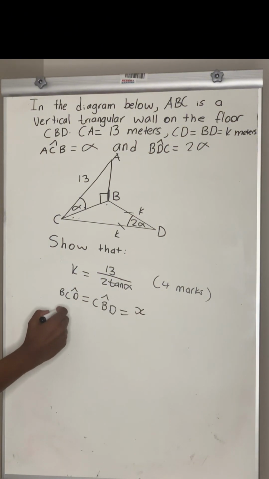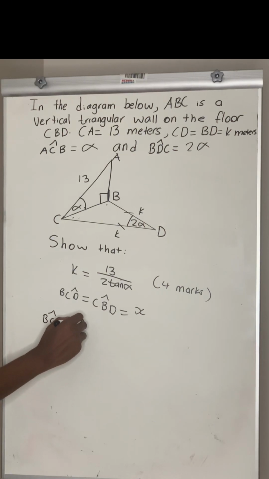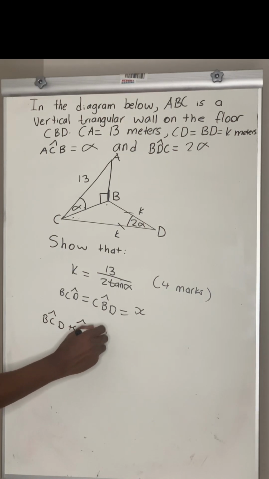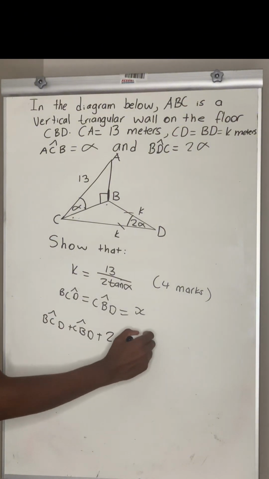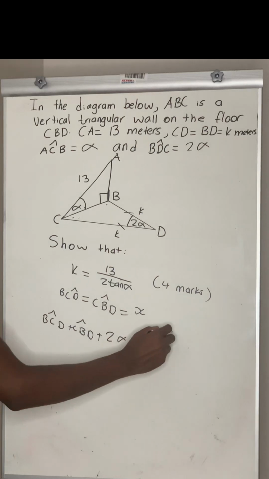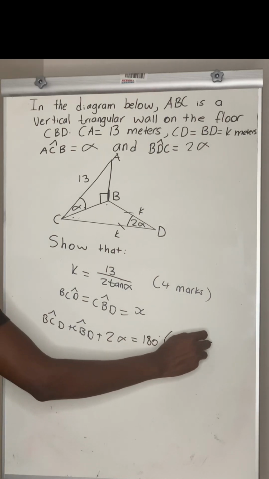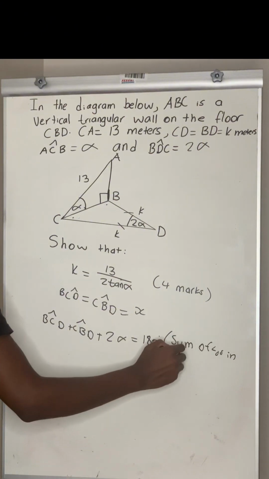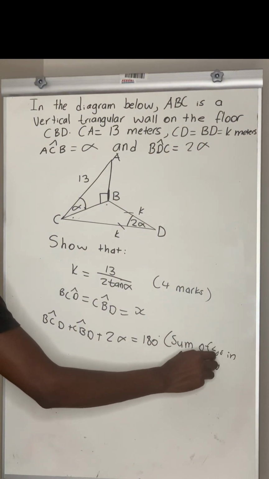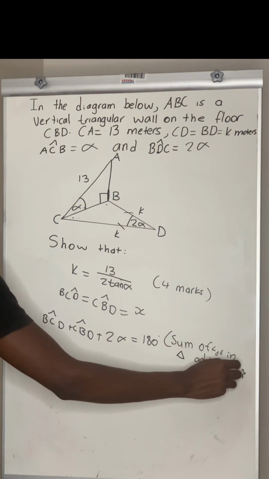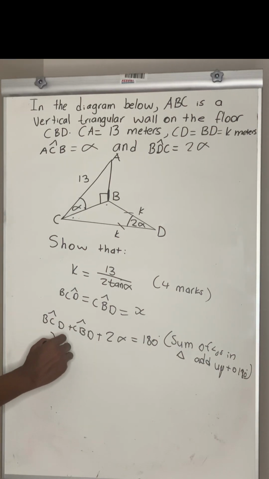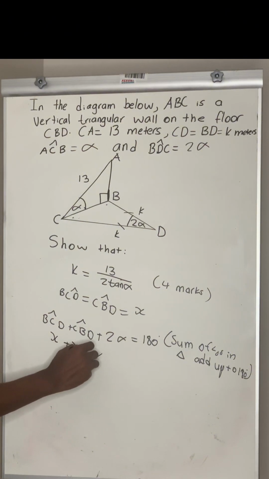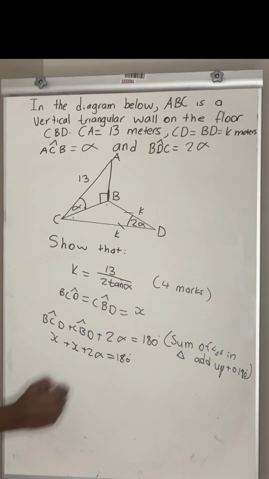Now from here we can say angle BCD plus angle CBD plus this 2 alpha equals 180 degrees. The reason for that is the sum of angles in a triangle add up to 180 degrees. Remember we said both these angles are x, so x plus x plus 2 alpha is equal to 180.